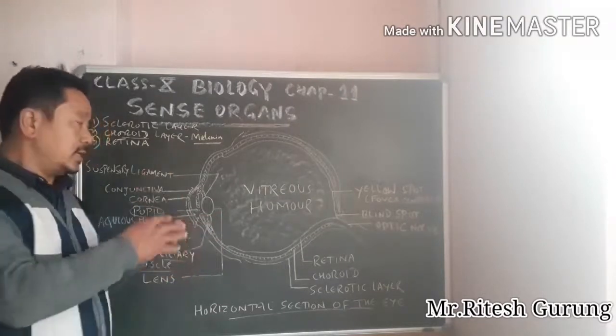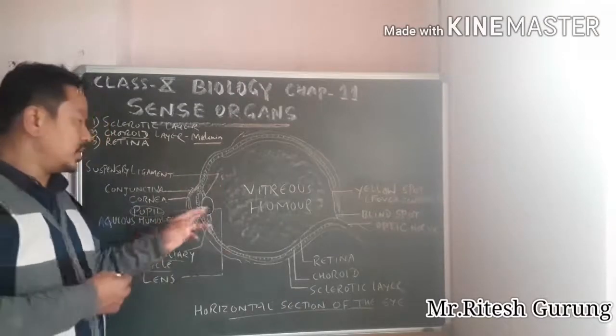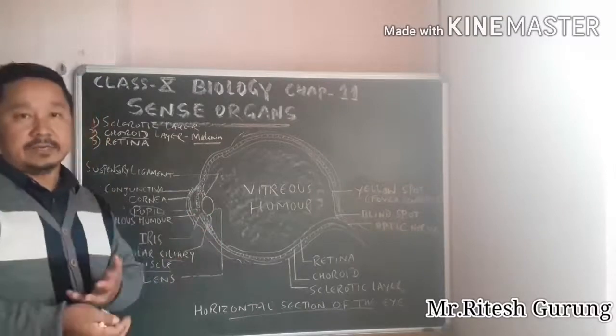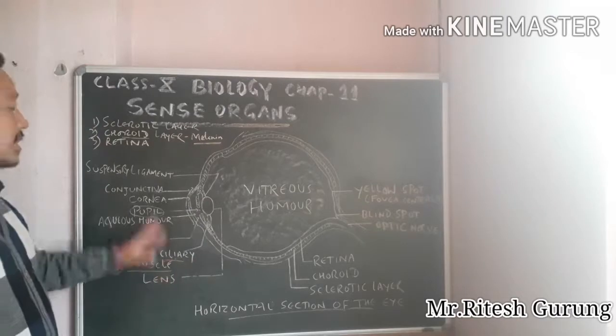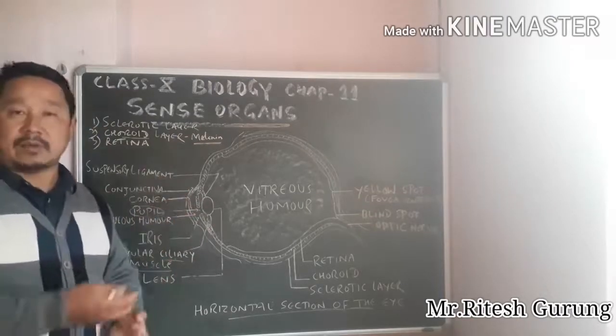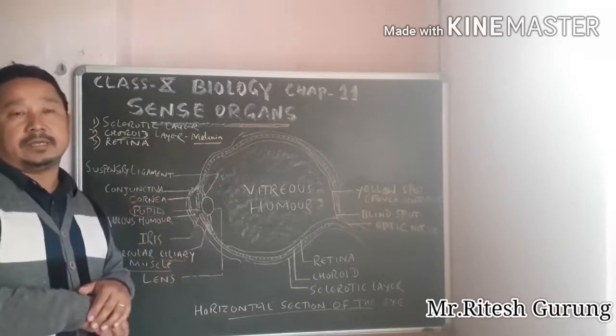That means when we see objects at different distances, the shape of this lens keeps changing under the regulation of this ciliary muscle. How it happens we'll discuss afterwards when we go through image formation.